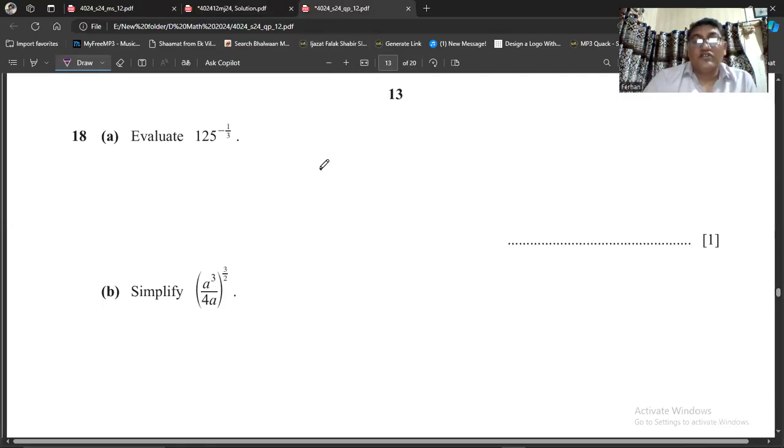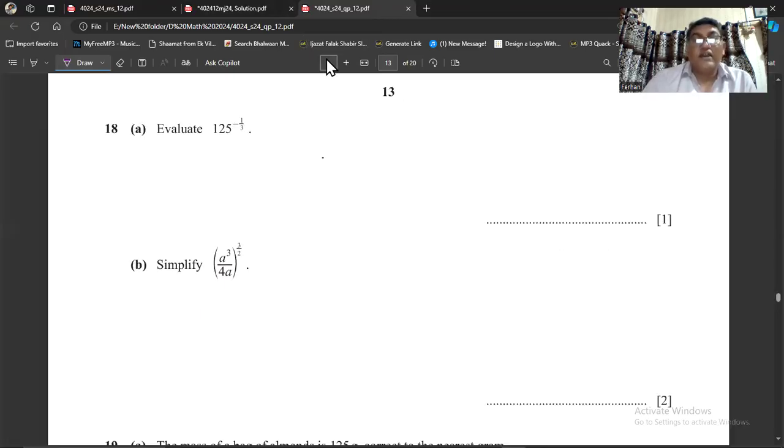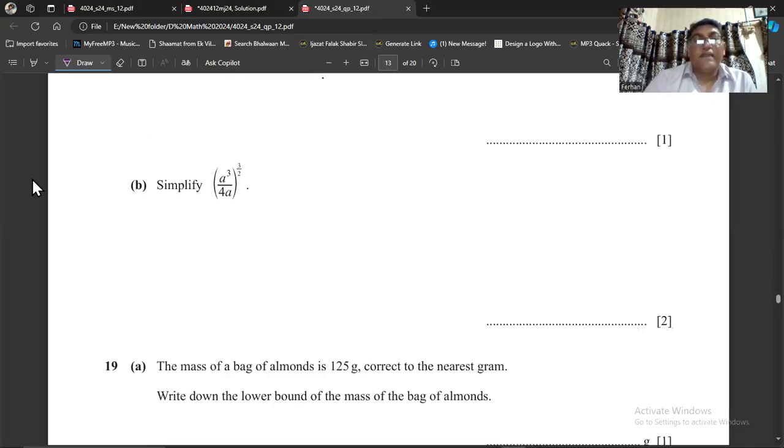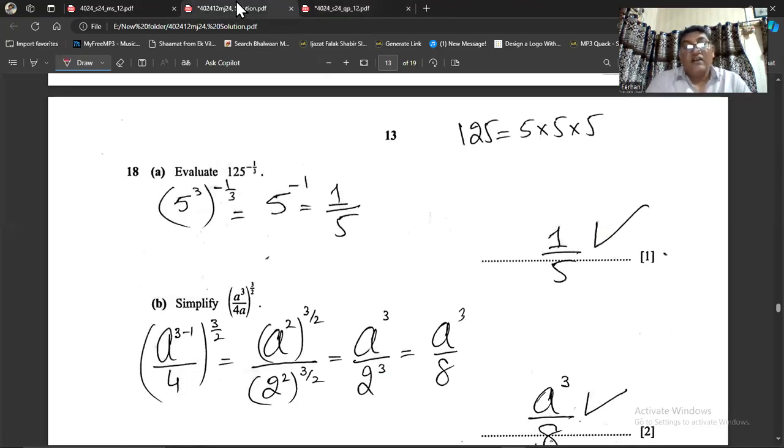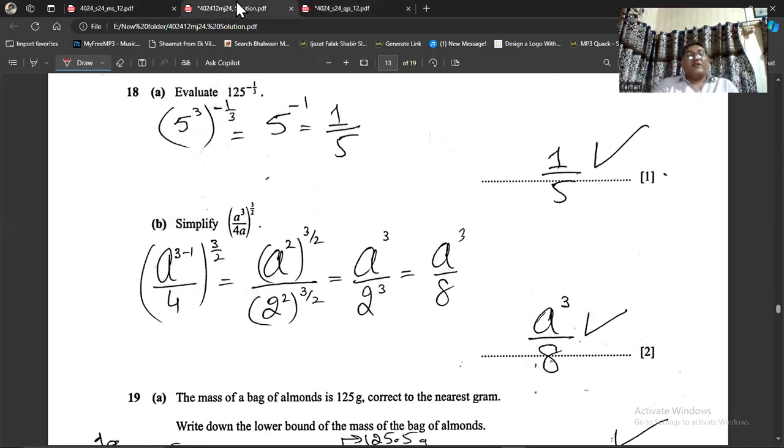And then we have question number 18 B part. He says here we have a raised to power 3 divided by 4a, and the whole thing is raised to power 3 by 2. So you are left with a square by 4. 4 is 2 square.